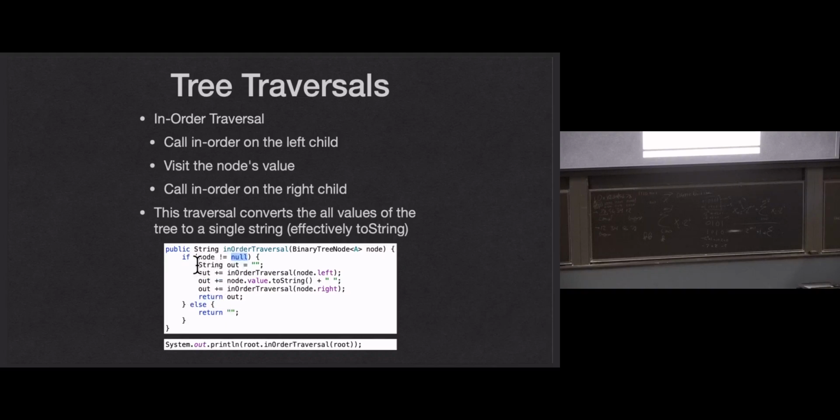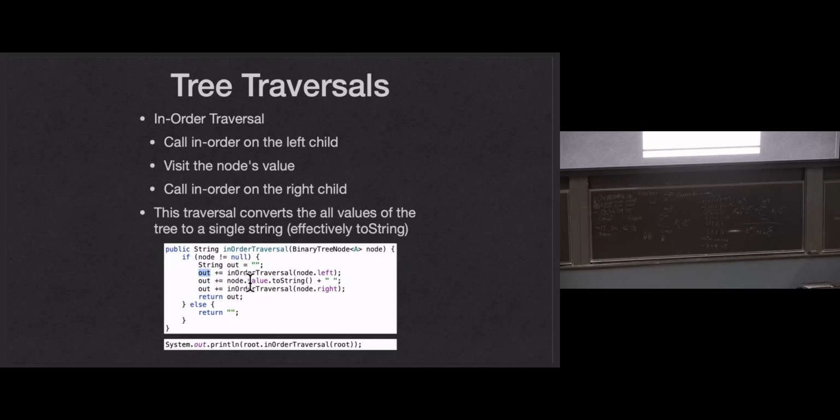If the node's not null, we're going to make a recursive call on the left child and concatenate whatever that returns. It's going to return some string, which should be a string representing everything in that left subtree.